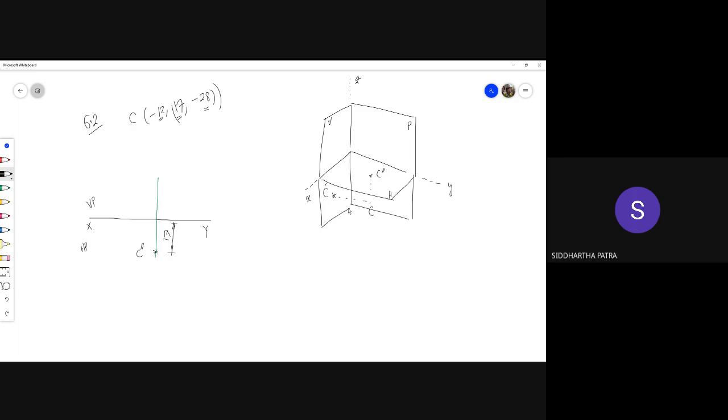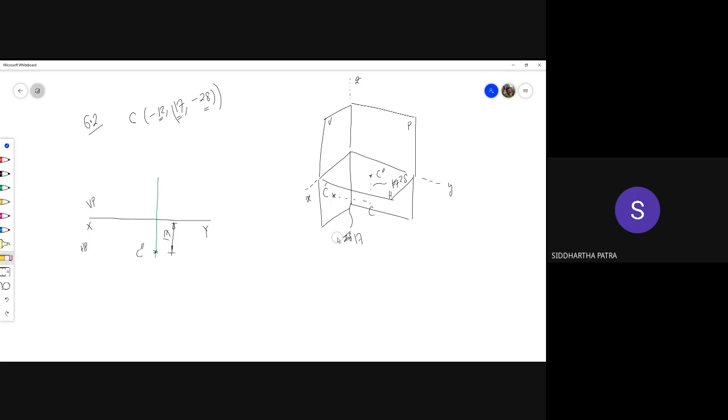Then C prime. So this must be 28 and this must be 17. No, no, no. This must be 17 and this must be 28.